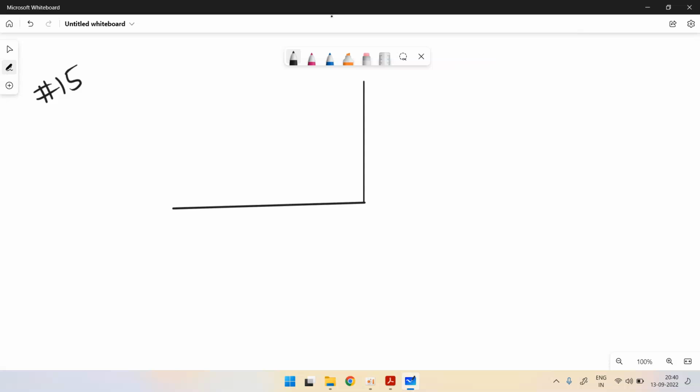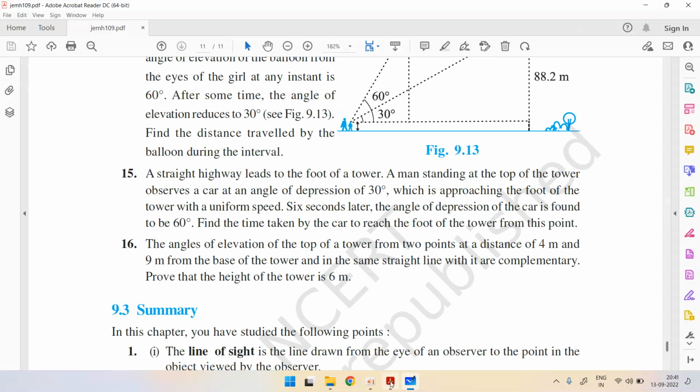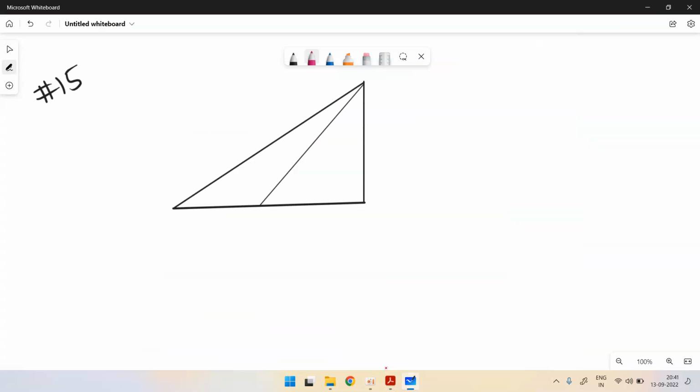First you observe that if you join this, next you join this. Initially the angle was 30 degrees and then it changed to 60 degrees.